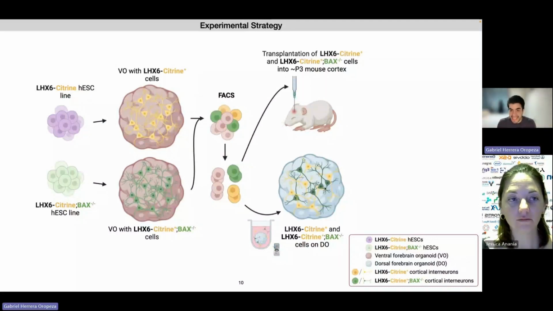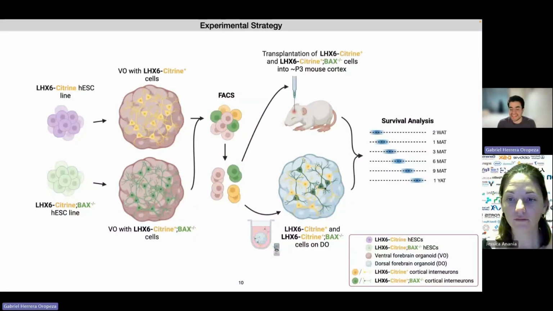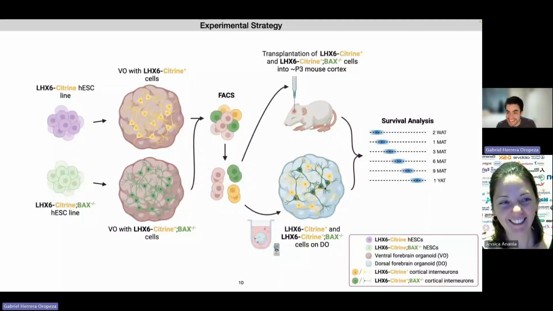And so basically after I have done these transplantations, I just wait and then do a survival analysis of these two groups of cells and see whether at a specific time point I can see a higher proportion of the mutant cells.